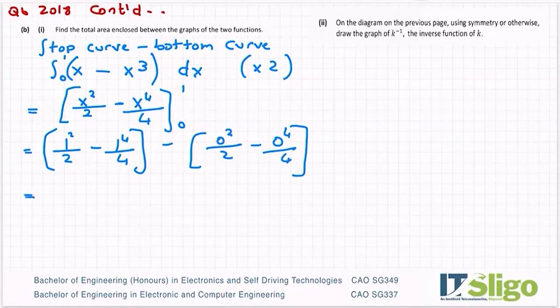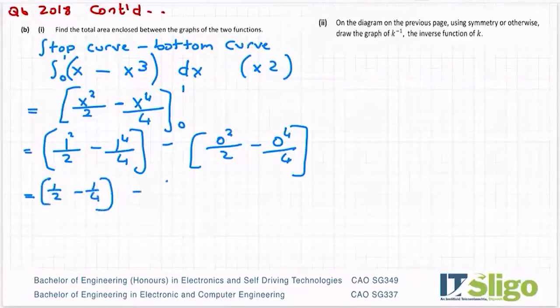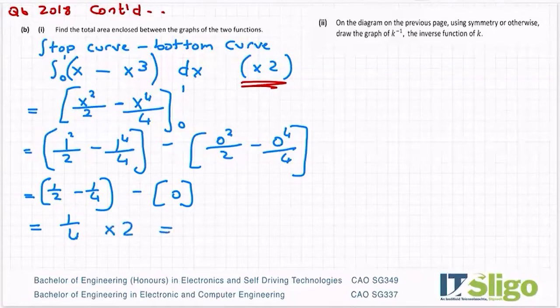So 1 squared is 1, so that's a half minus a quarter minus 0, so that's a quarter. Okay, let's multiply it by 2. So it's a half units squared.